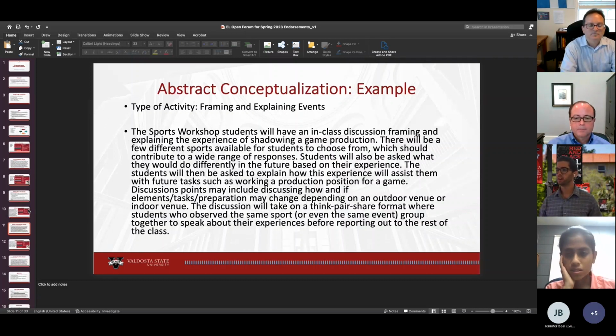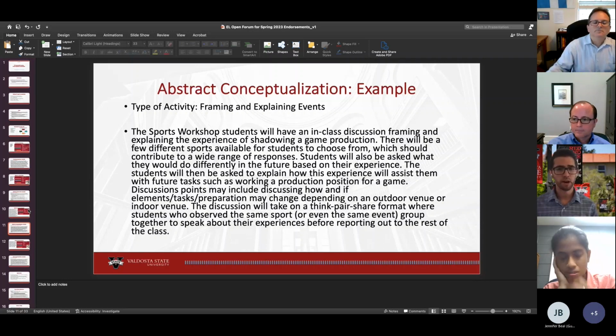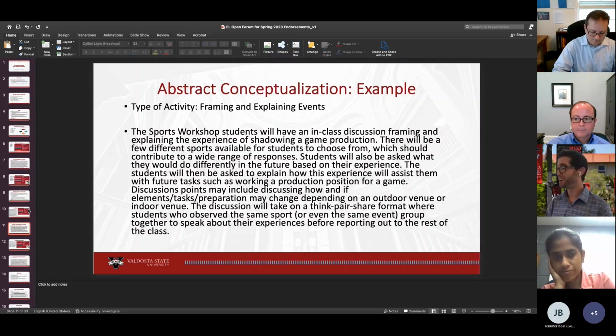As you see here with my students, I have them speak about what occurred during their guided observation. They use more of a think, pair, share model, where the students who went to the same event speak with one another and then report out to the class. It's really interesting because, even if it's the same sport, on a given day there are different dynamics that have happened.